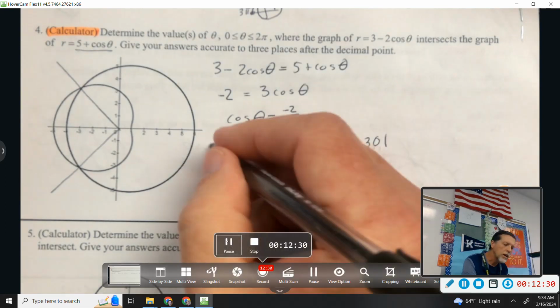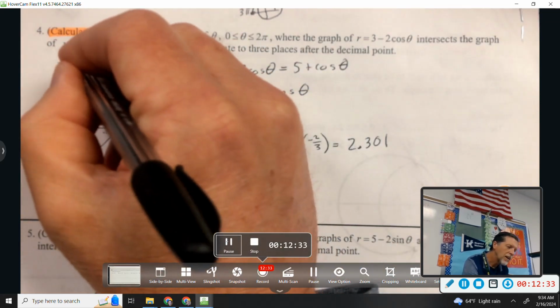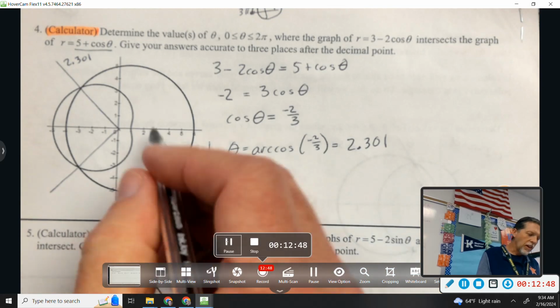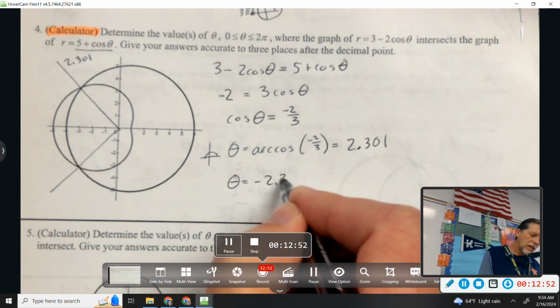Arc cosine comes from first and second. So that's my first angle. So how do I figure out the other angle? So the other angle, like the symmetry, would be negative 2.301.